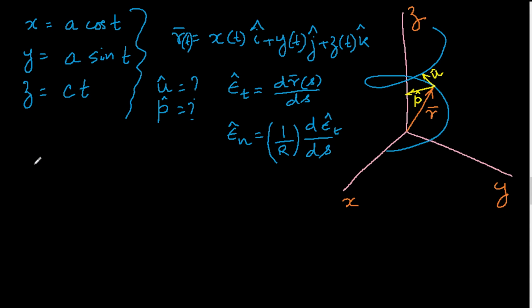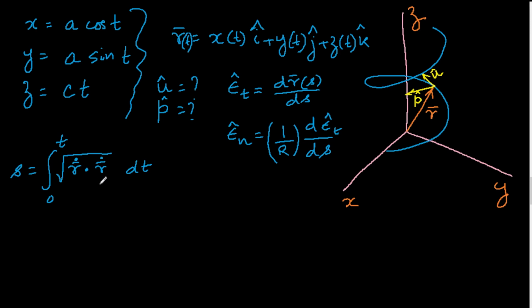Generally, you know that the arc length you can calculate as r dotted with r, but we want it in terms of time. So this you can say r dot with r dot. Take a dot product of that and take the square root and dt. You integrate that from 0 to time.